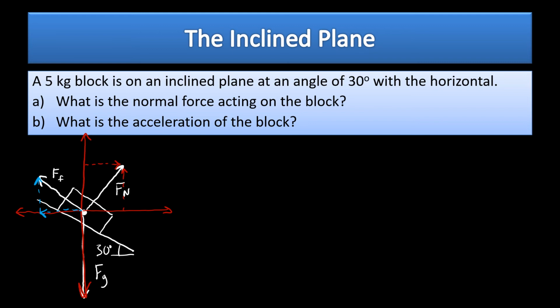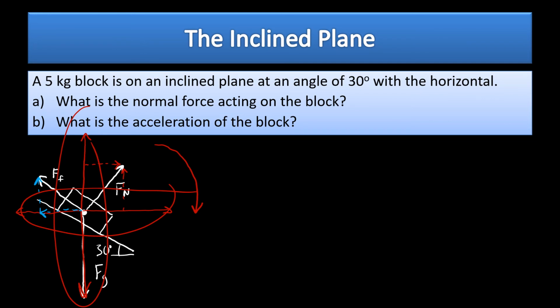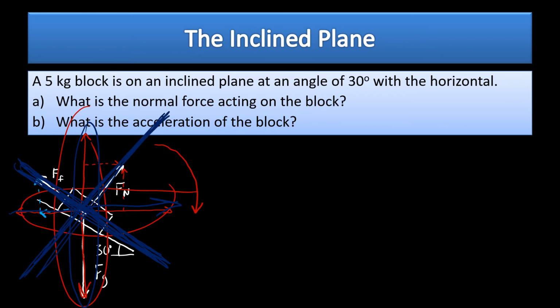So then we've got to do components here and components here, and that's just a lot of work. So if you're a savvy physicist, you take these x and y axes and you rotate them to align with the hill, the inclined plane. The x-axis turns into what we call the parallel axis, and the y-axis turns into what we call the perpendicular axis.